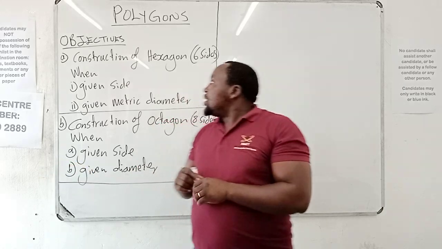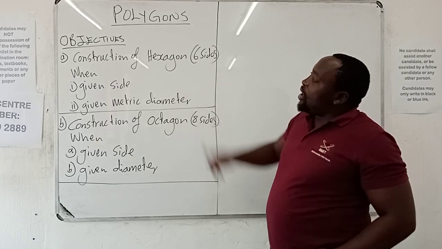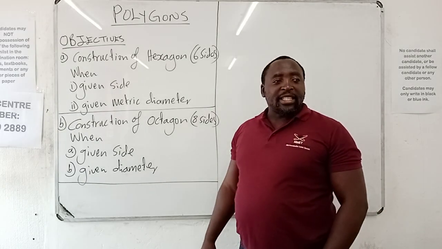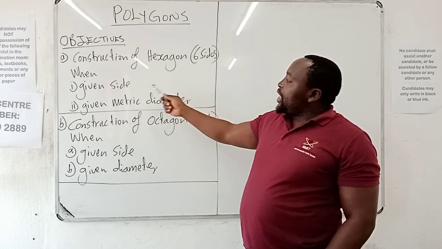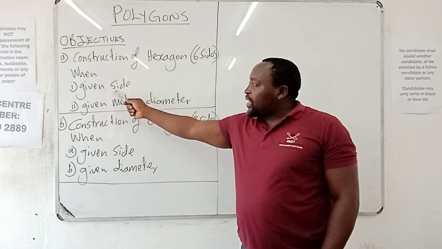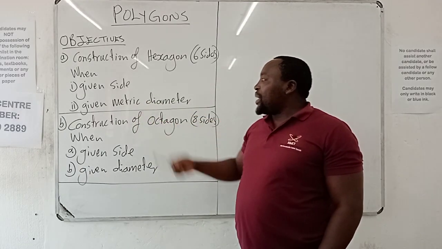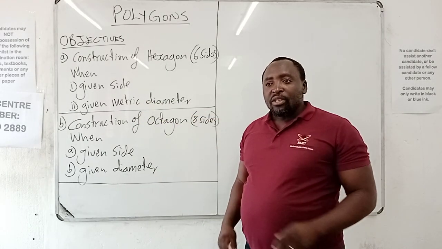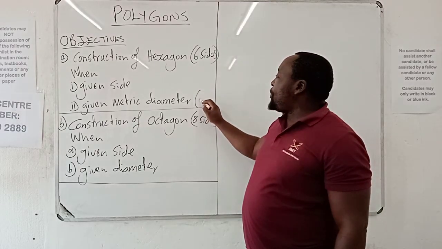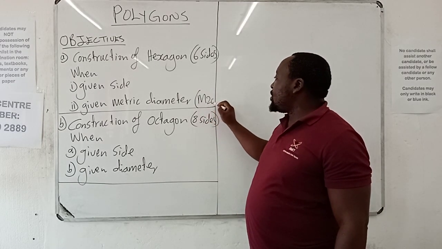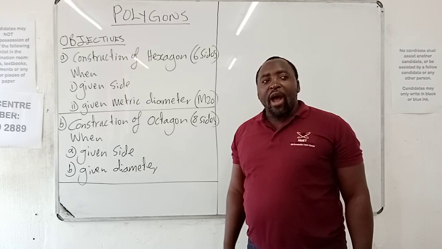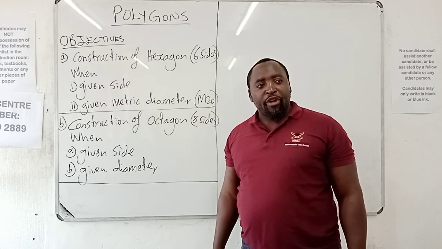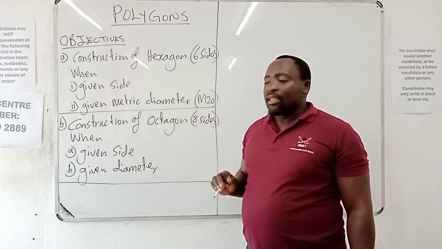Okay. So, on the construction of a hexagon, we need to look at when given a side and when given the metric diameter. So metric diameter, for example, if you say M20, what is it that we need to do when you are given a measurement like this?